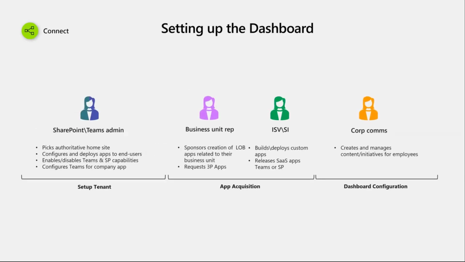So as I was saying, the dashboard is a component that the author can create, but there are other roles within the organization that operate together in order to make the Viva Connections dashboard available. The SharePoint and Teams administrators are the ones that decide where the dashboard lives, because the dashboard right now will live in the home site of your company.